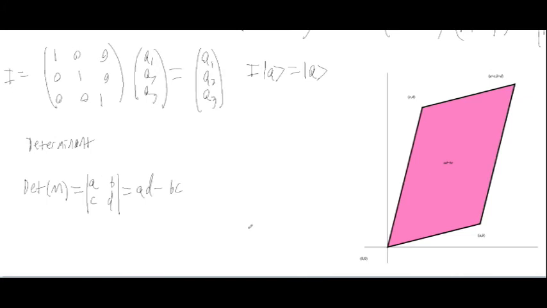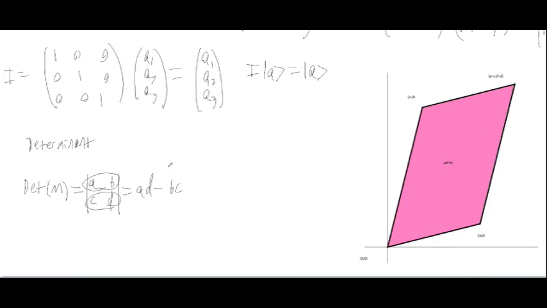And so the way to interpret that is that we are essentially taking the area inside this parallelogram here. We can say that AB is one side of the parallelogram and CD is another side.